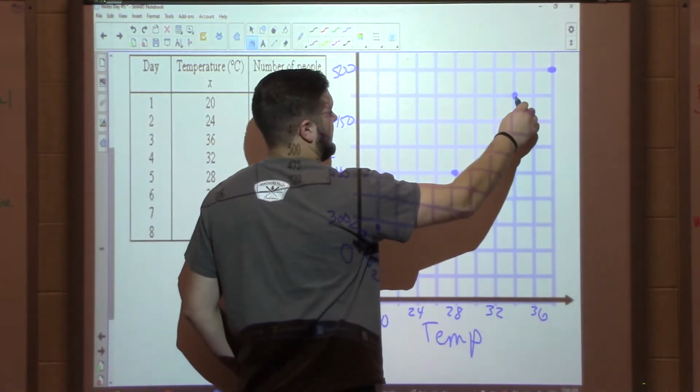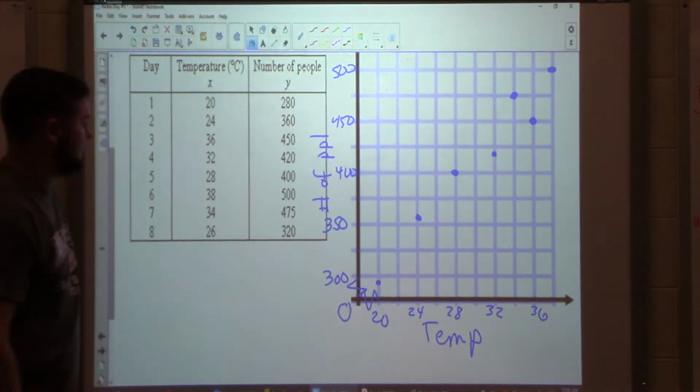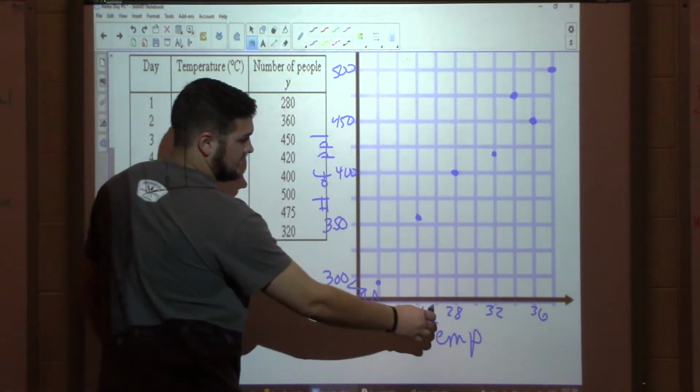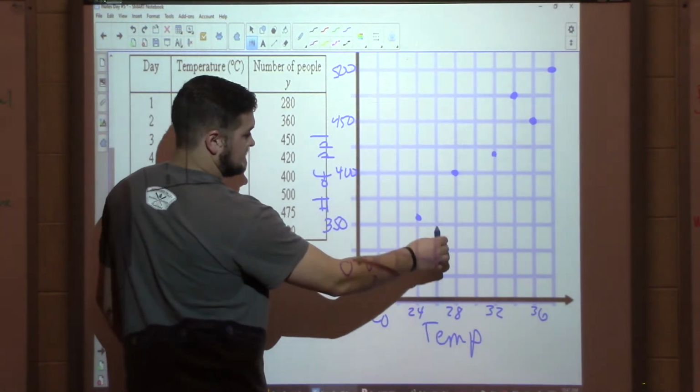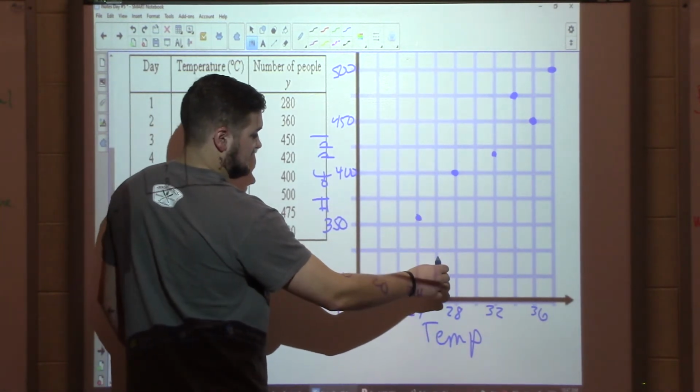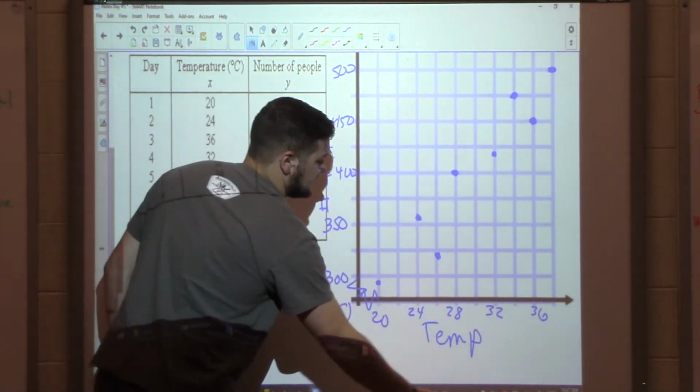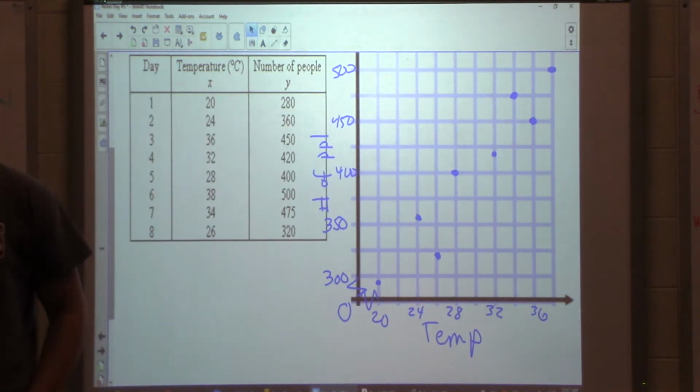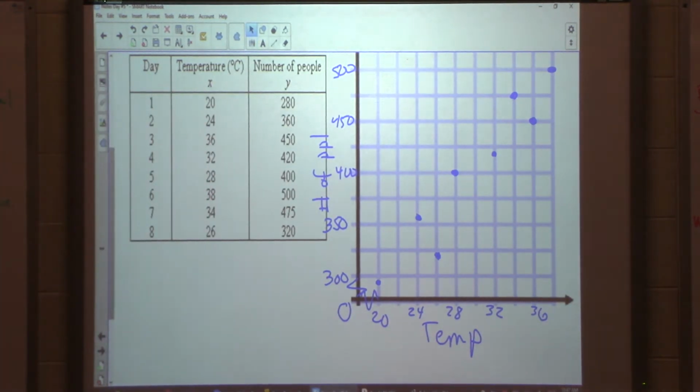All we're doing right now is plotting points. And 26, 320. So all we did is we labeled our axes, right? We talked about temperature, we talked about people, we made a scale, and we plotted our points.